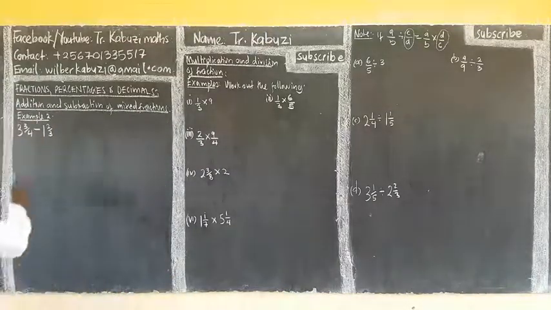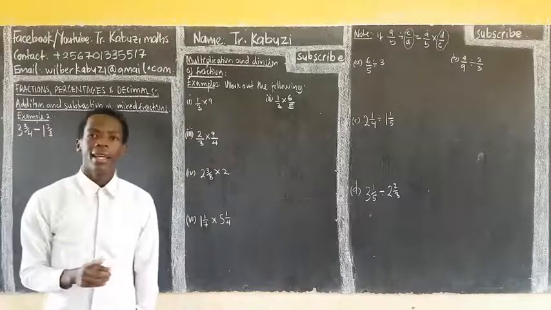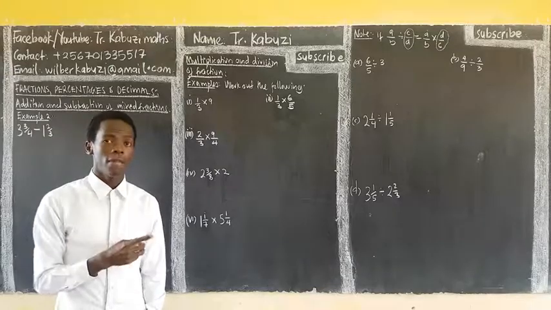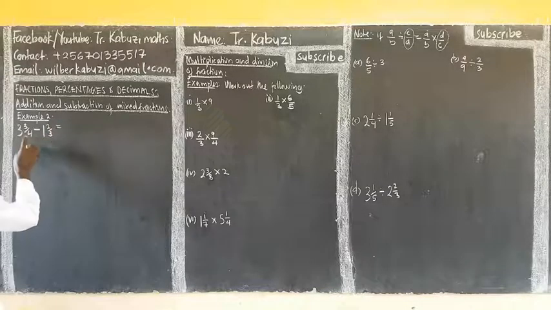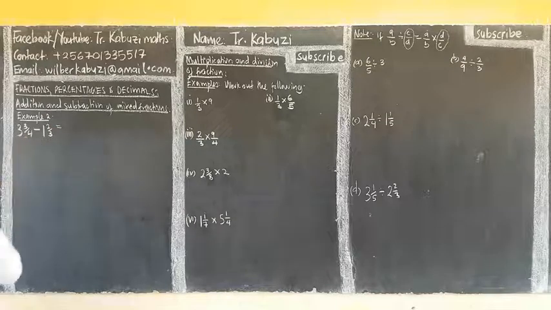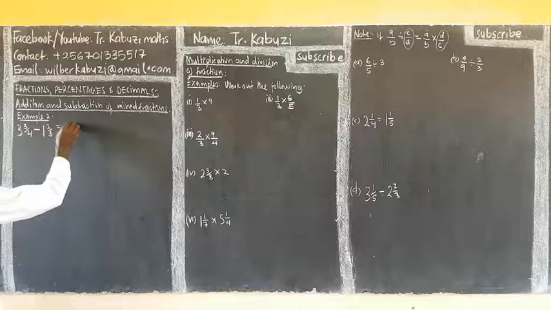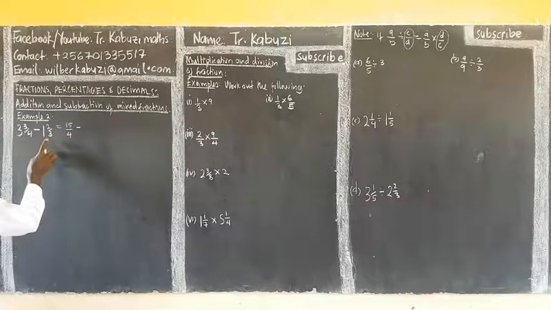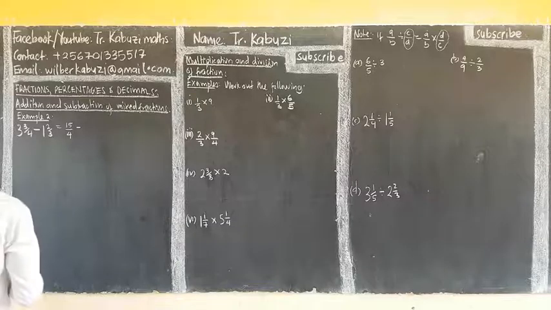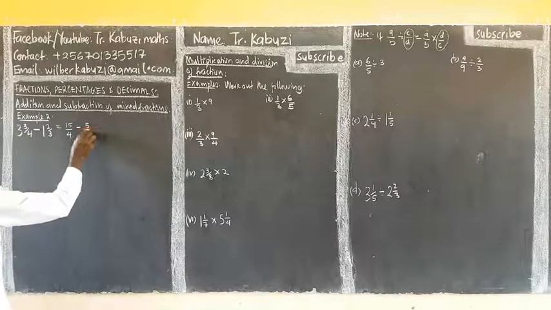So the first one is to convert the mixed fractions. The moment you have mixed fractions, one of the methods is to convert to improper fractions. So we saw how to convert to improper fractions. This would be 4 times 3, that's 12, plus 5 to get 15, the whole over 4. Then minus 3 times 1, 3, plus 2, that is 5 over 3.